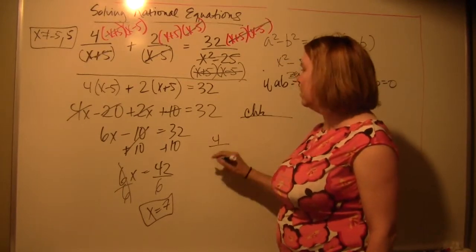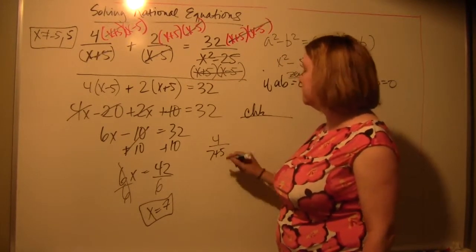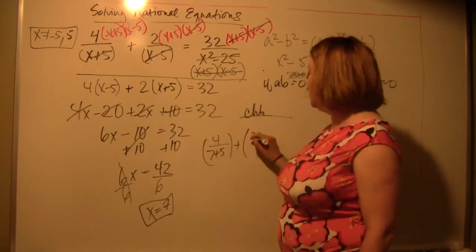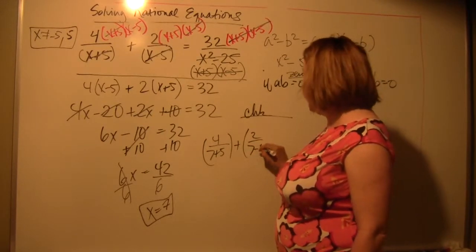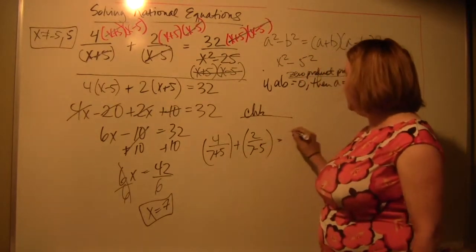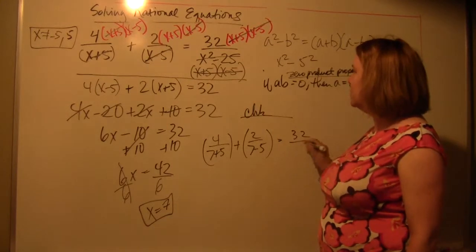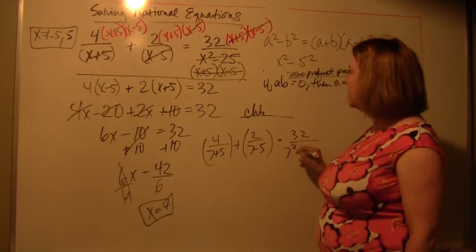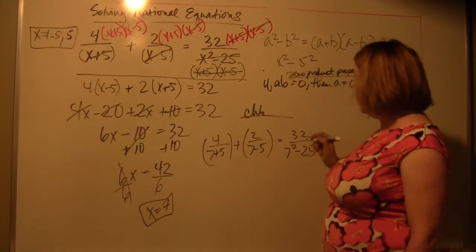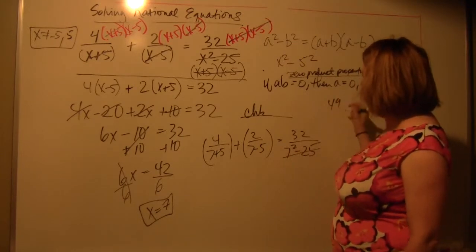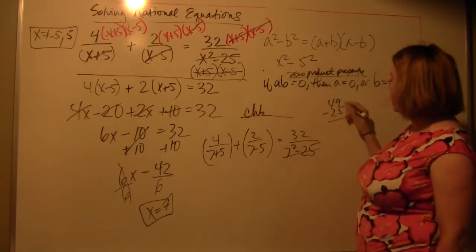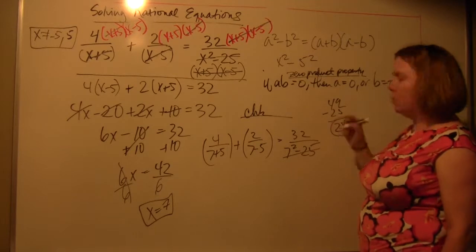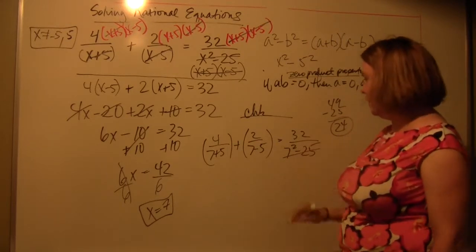So you get 4 over (7 plus 5) plus 2 over (7 minus 5) equals 32 over 7 squared minus 25, which is 49 minus 25, which is going to be 24 in the denominator there.